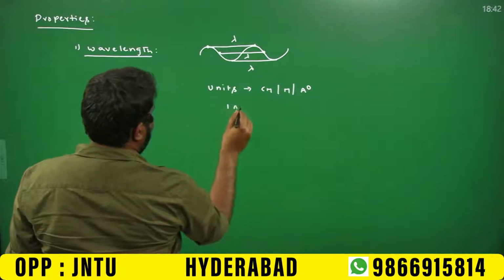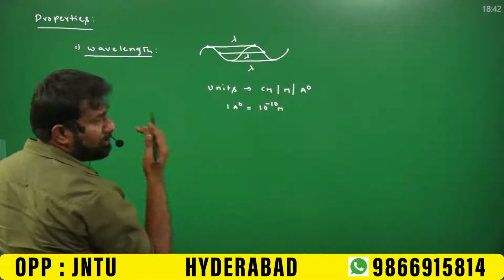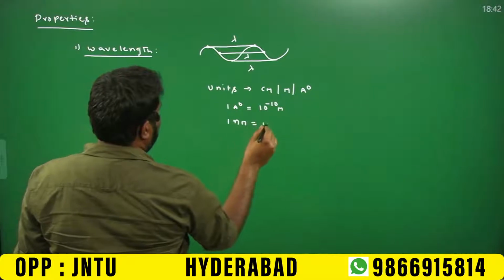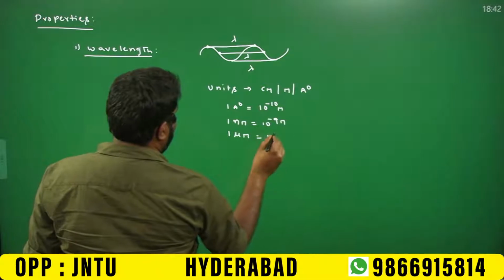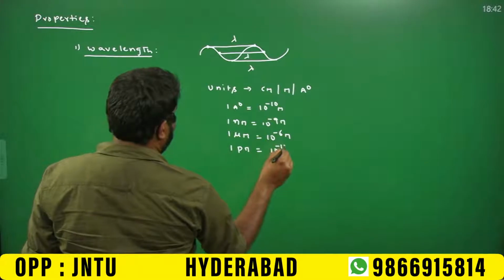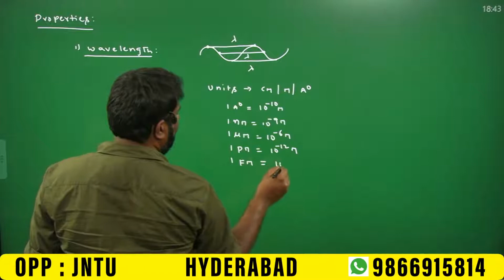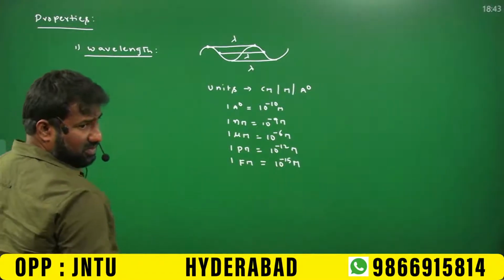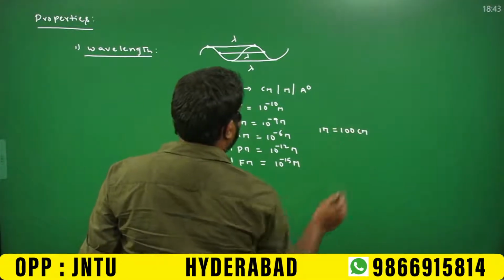You can remember: 1 angstrom equals 10 power minus 10 meters. 1 nanometer equals 10 power minus 9 meters. 1 micrometer equals 10 power minus 6 meters. 1 picometer equals 10 power minus 12 meters. 1 femtometer equals 10 power minus 15 meters. If you need to convert into centimeters, 1 meter equals 100 centimeters.